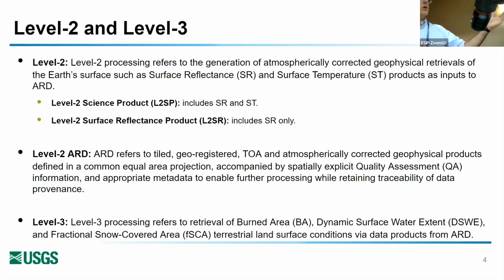When you go to look for ARD data sets, like in Earth Explorer or other places, in the file names you will not actually see level 2, but there is that notation in other places. So this ARD thing is kind of a mashup, and certainly probably doesn't fit into a standard bucket as we know it.